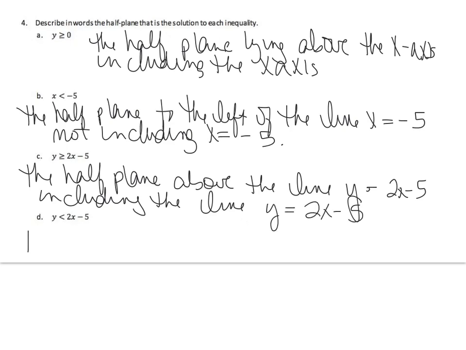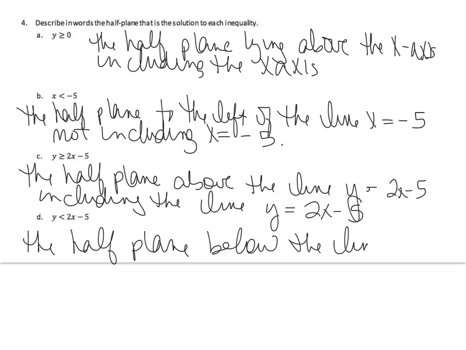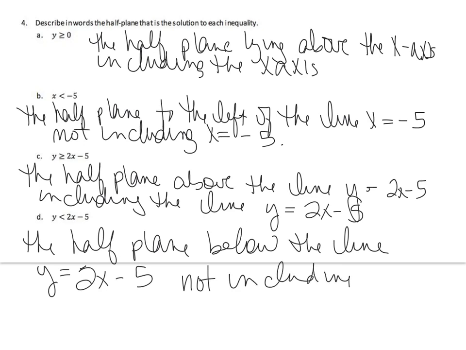And this last one would be the half plane below the line y equals 2x minus 5. So to repeat that, the half plane below the line y equals 2x minus 5, not including the line y equals 2x minus 5. Cool? Cool.